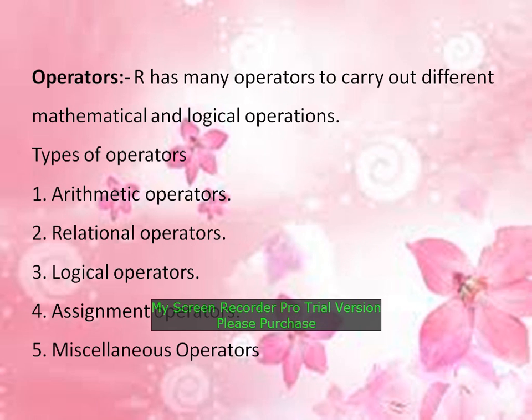Coming to the operators, R has many operators to carry out different mathematical and logical operations. The types of operators available in R are arithmetic operators, relational operators, logical operators, assignment operators, and some miscellaneous operators.